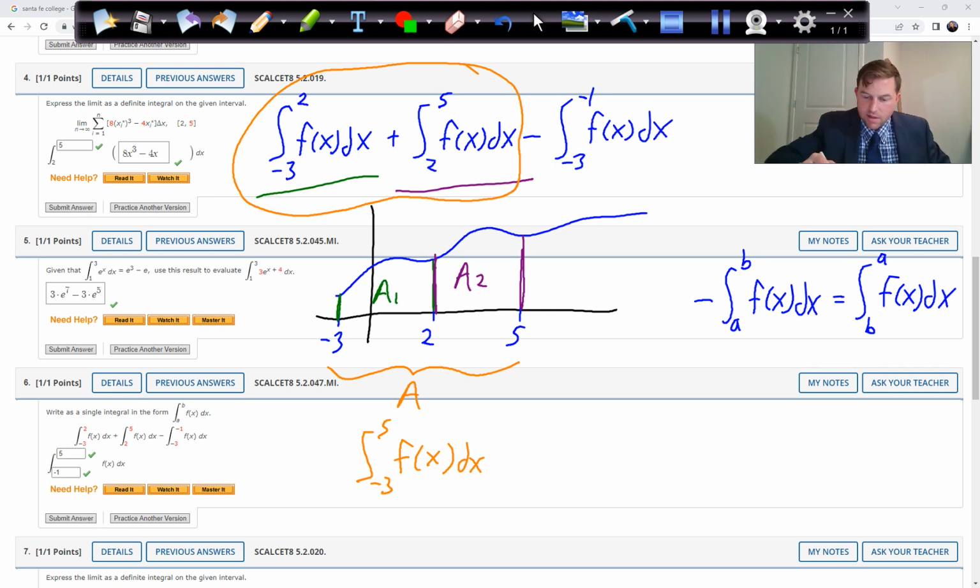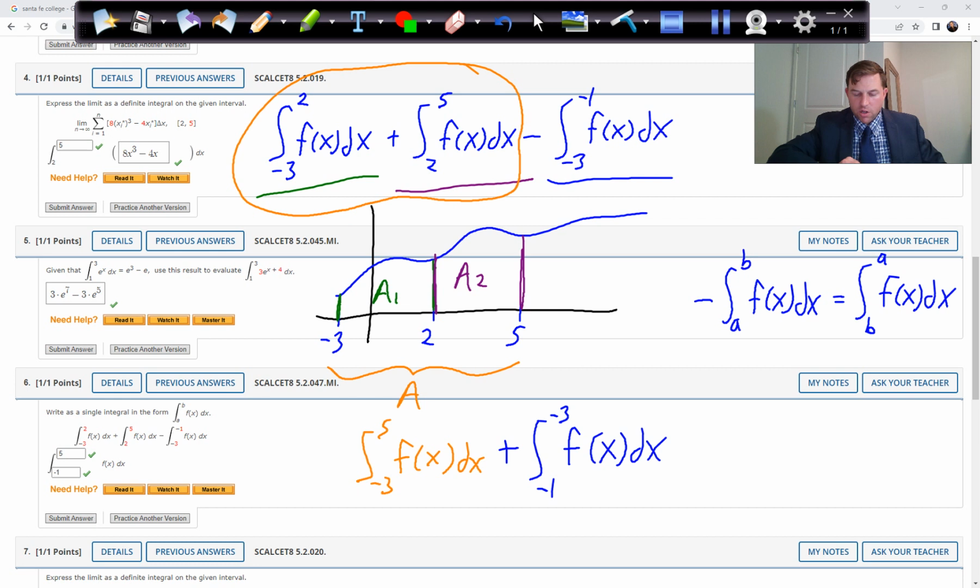So we can take this one here and flip those limits. So this would be changed from a minus to a plus, flip the limits, it would be from -1 to -3 of f of x dx.